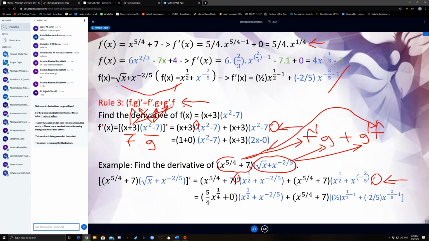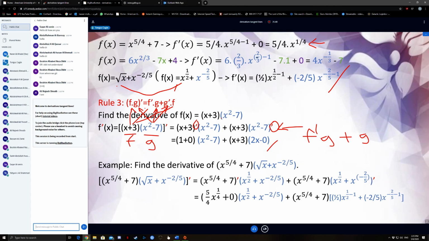Rule 3 deals with the multiplication of things. So if you need to find the derivative of a multiplication, the rule says, if you have 2 things there, like f and g, derivative of this multiplication is derivative of the first times the second plus derivative of the second times the first. That's it. And here is our very simple example.